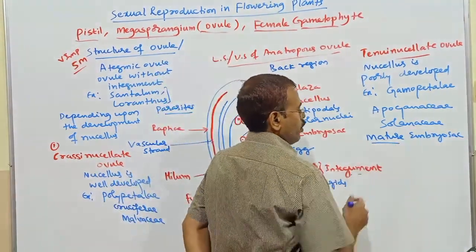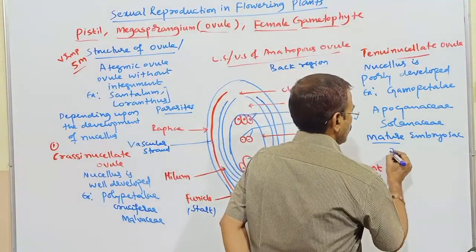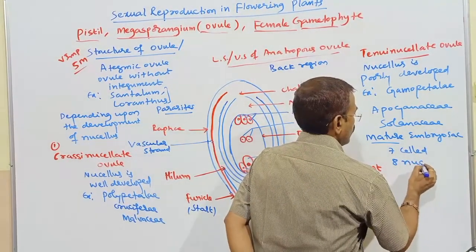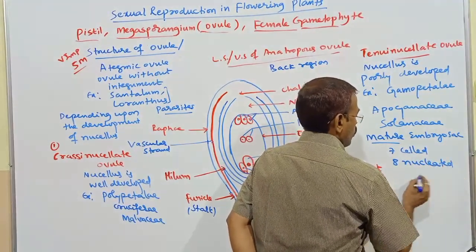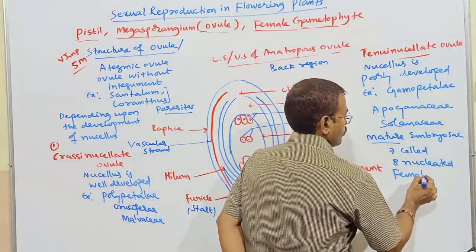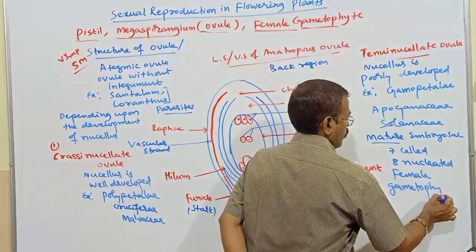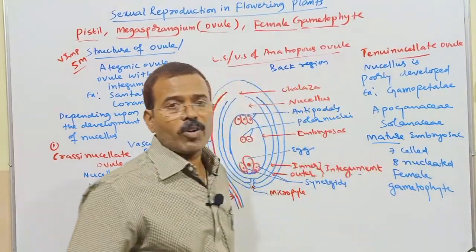The mature embryo sac is a 7-celled, 8-nucleate female gametophyte.